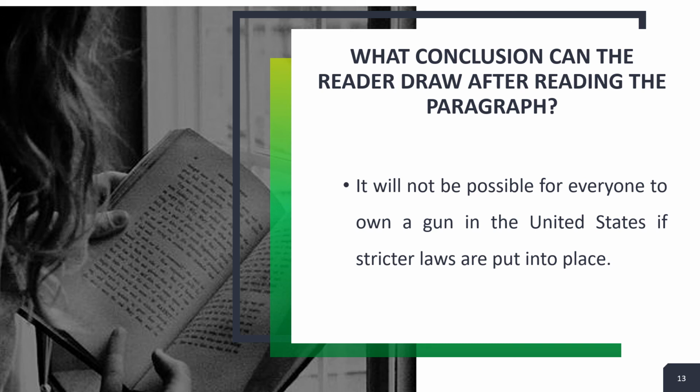However, even though laws are implemented and amended, the crime still happened. So what we can conclude is if stricter laws are put into place, it's not possible for everyone to own a gun. So that's the key: stricter law.